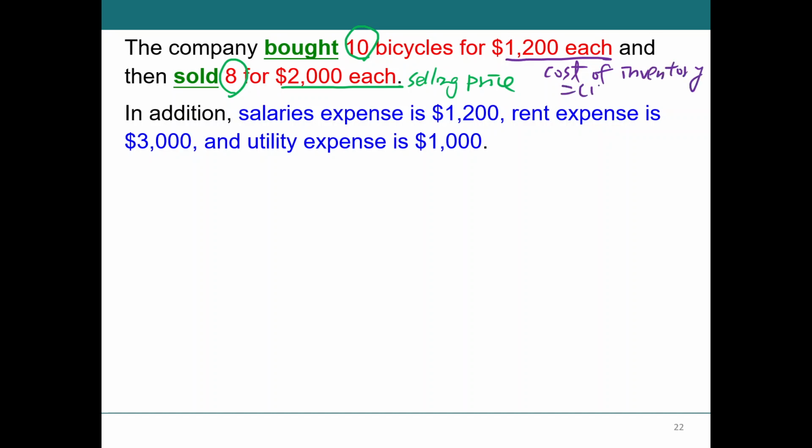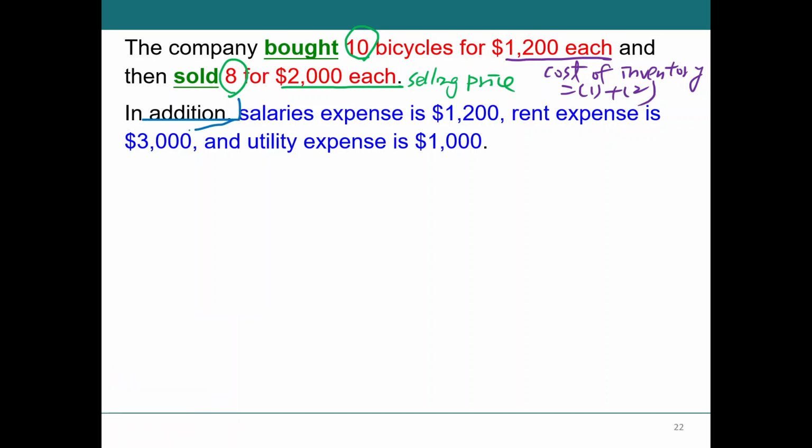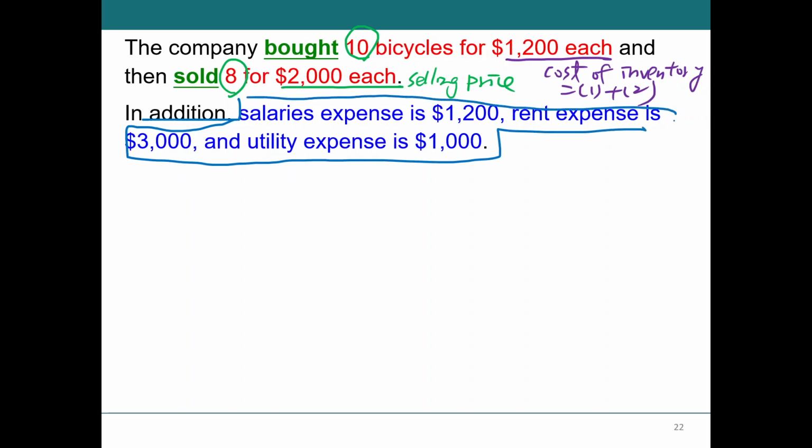So it is your 1 plus 2. But nothing for free. Not only that, you still have something happened. So what's that? Your operating expenses. You have other expenses incurred. That's your operating expenses.